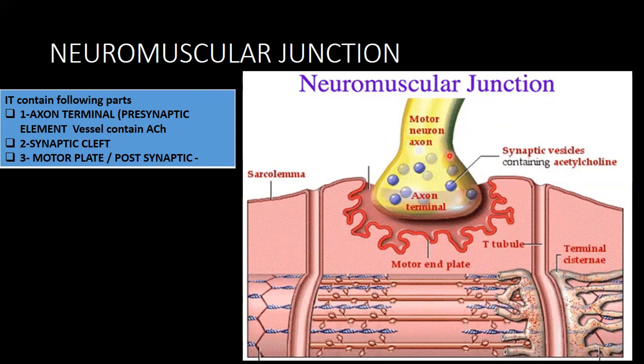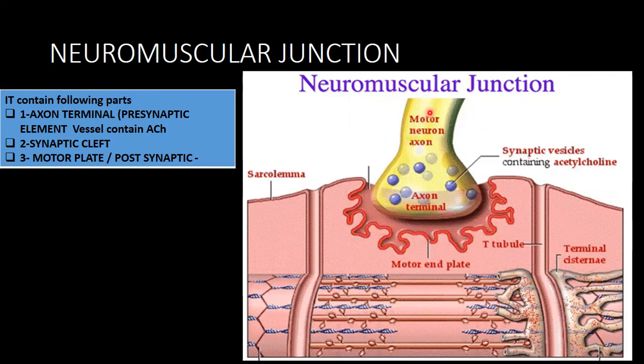The parts of the neuromuscular junction which we need to remember: first are the axon terminals, second is the synaptic cleft, and last is the motor end plate, which is also known as the postsynaptic element. As we say, the neuromuscular junction is concerned with our skeletal muscle fibers and their action potential.